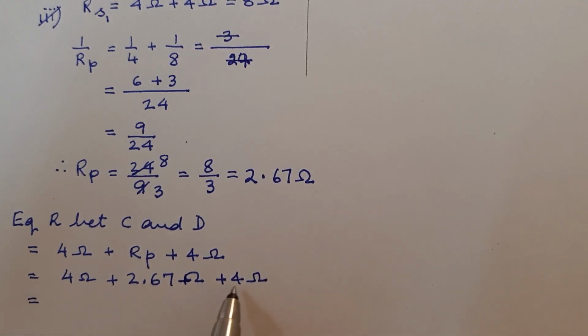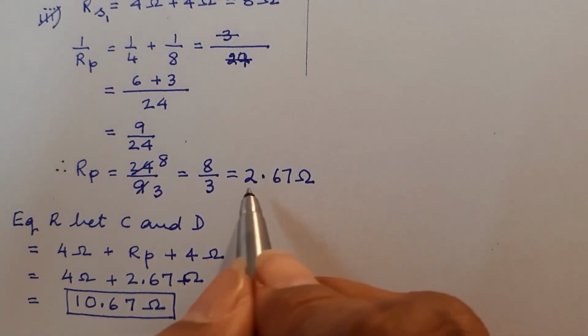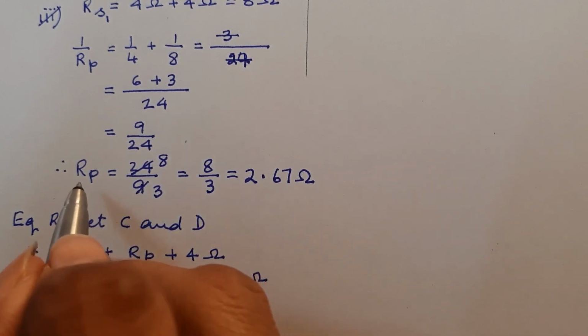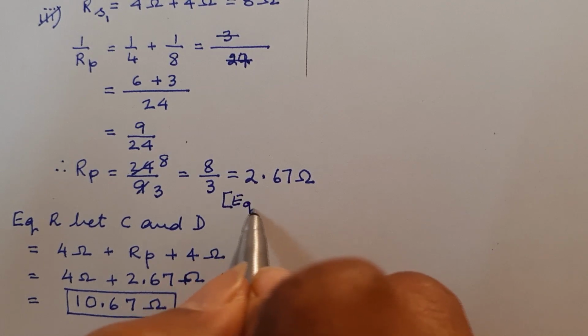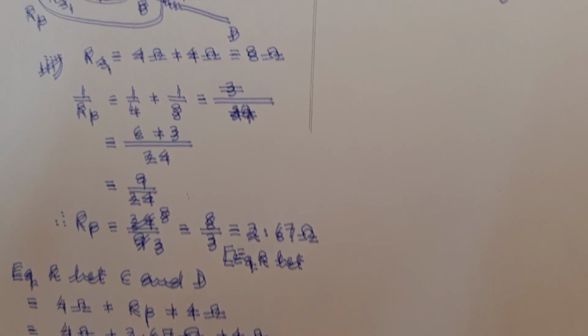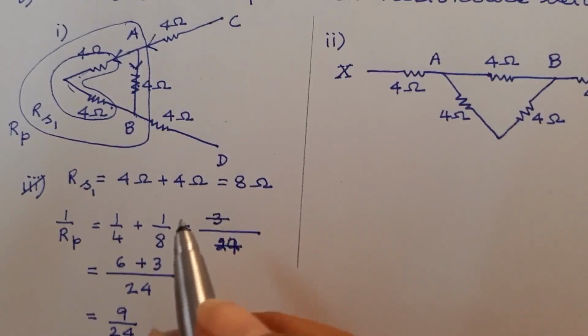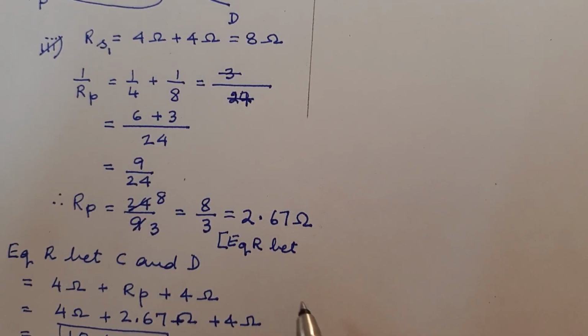That will give us 4 and 4, 8 and 2, 10.67 ohm. And that is our answer. Now the 2.67 that we found in between is nothing but the equivalent resistance between A and B. So I shall write that here.